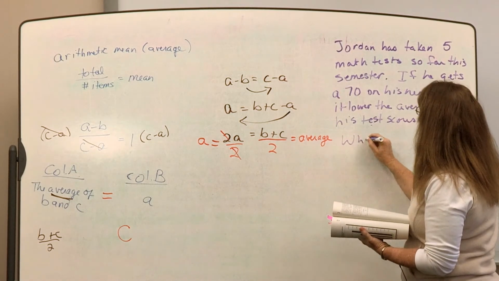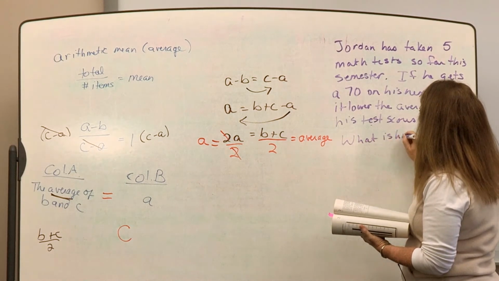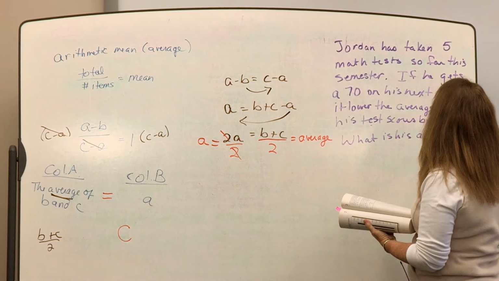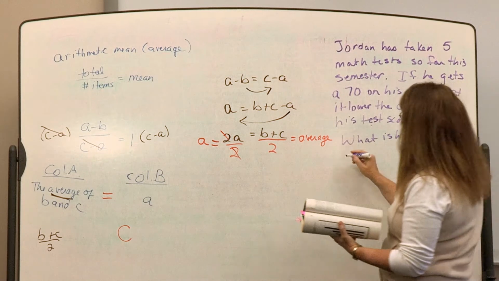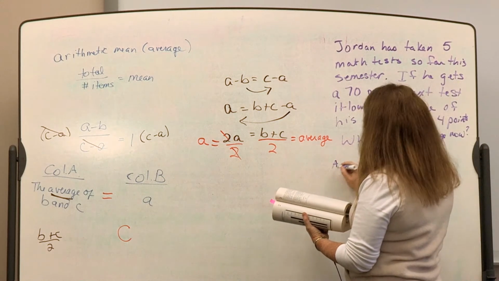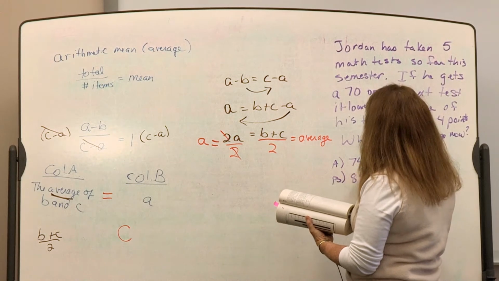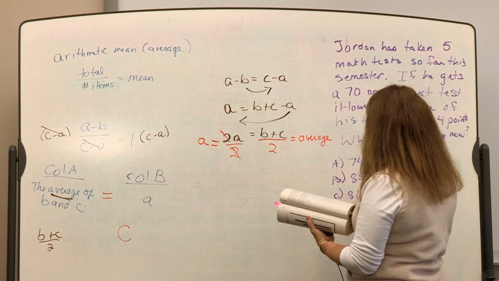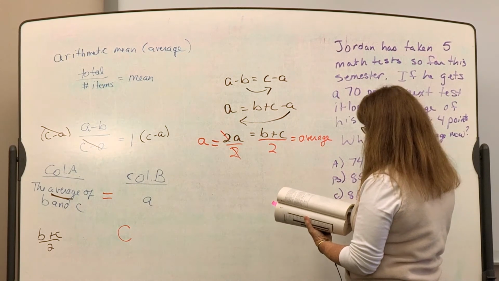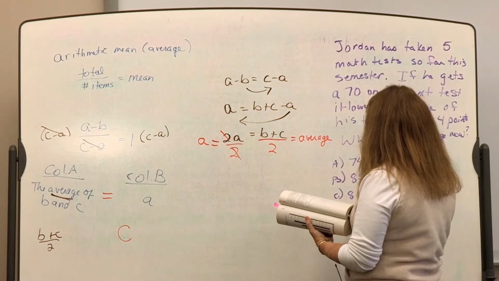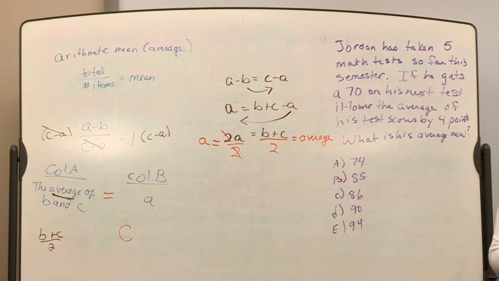And the question is, what is his average now? And here's our choices. 74, 85, 86, 90, 94. So this is one of the multiple choice kind.